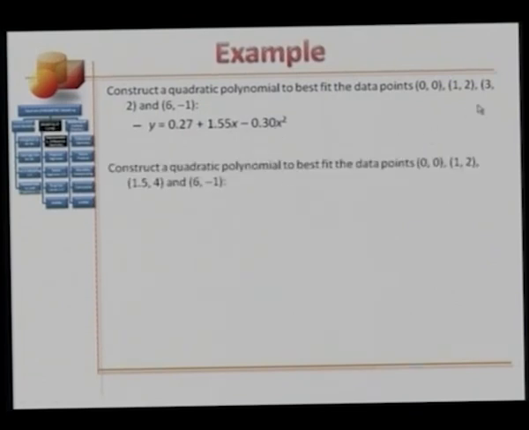If I move this point 3, 2 to a new location 1.54 and retain the locations of all the 3 points, I get a new quadratic polynomial with coefficients minus 0.16, 3.35, and minus 0.58. Let's see the 2 quadratics graphically.